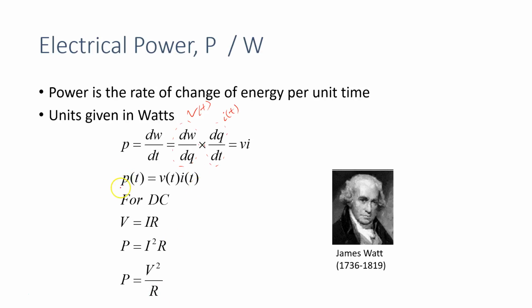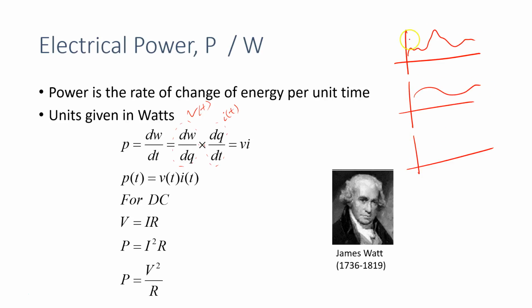And here, when we represent them all in lowercase, we're talking about the instantaneous power being equal to the instantaneous voltage multiplied by the instantaneous current, which means if we have graphs of voltage and current with time, I would take this point and multiply it by this point, and I'll get some power P. This point multiplied by this point, I would get some other power.